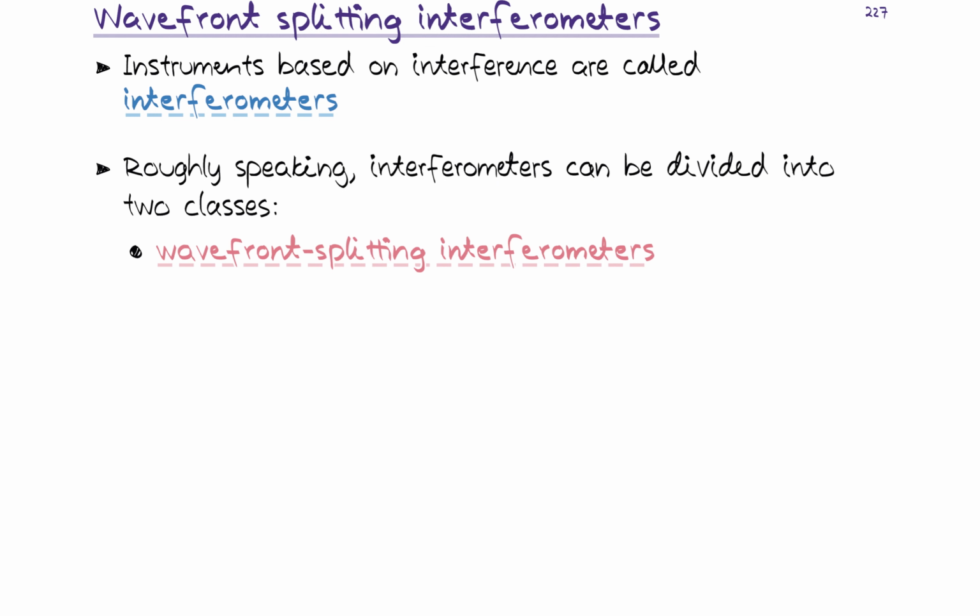So I will broadly say that there are wavefront splitting interferometers, and I will be considering them in this lecture. A second possibility is so-called amplitude splitting interferometers, and those will be considered later. Even though this division is somewhat arbitrary, it helps our treatment.